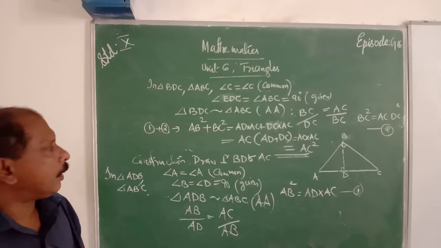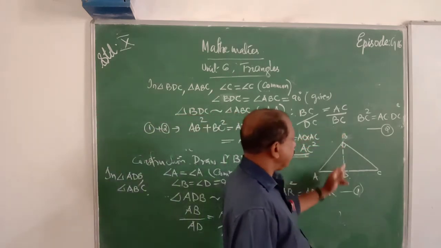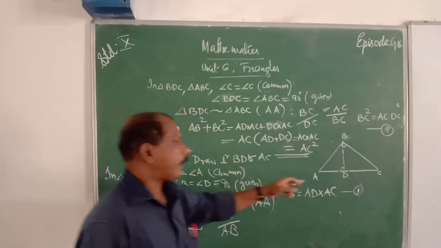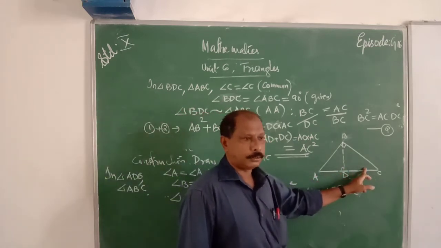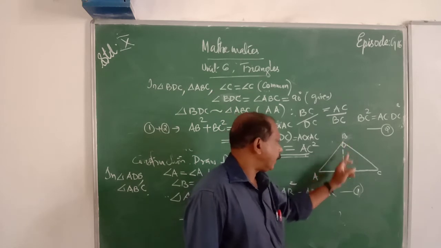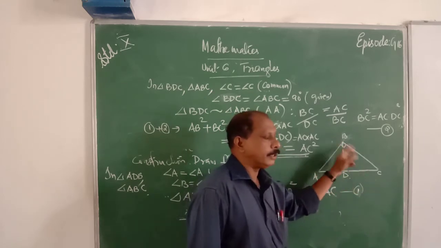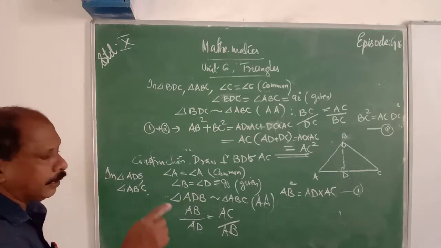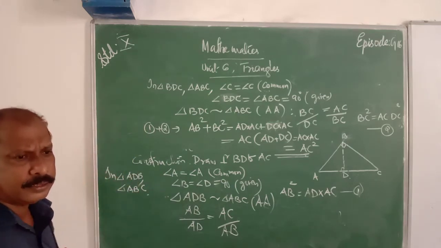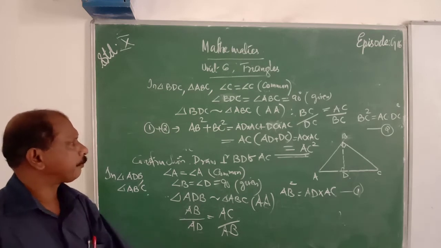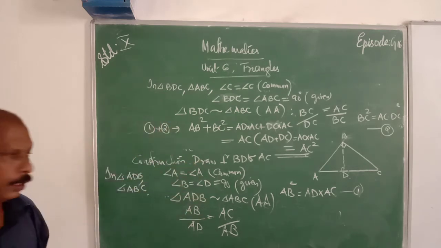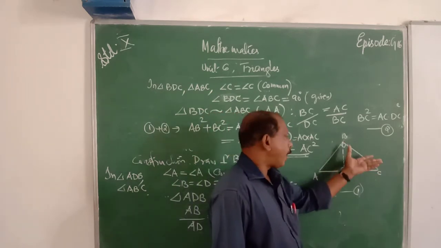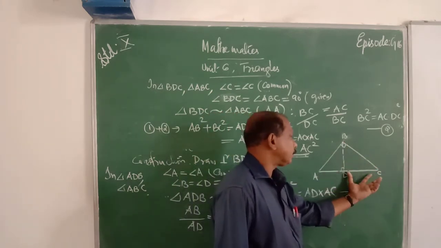Similarly, let us consider triangle BDC and triangle ABC. Angle C is equal to angle C, it is common. Angle BDC is equal to angle ABC, which is 90 degrees, that is given. Therefore, triangle BDC is similar to triangle ABC, that is the angle criterion for similarity. Therefore, the sides are proportional. The altitude of the first triangle is BC and of the second triangle is DC.